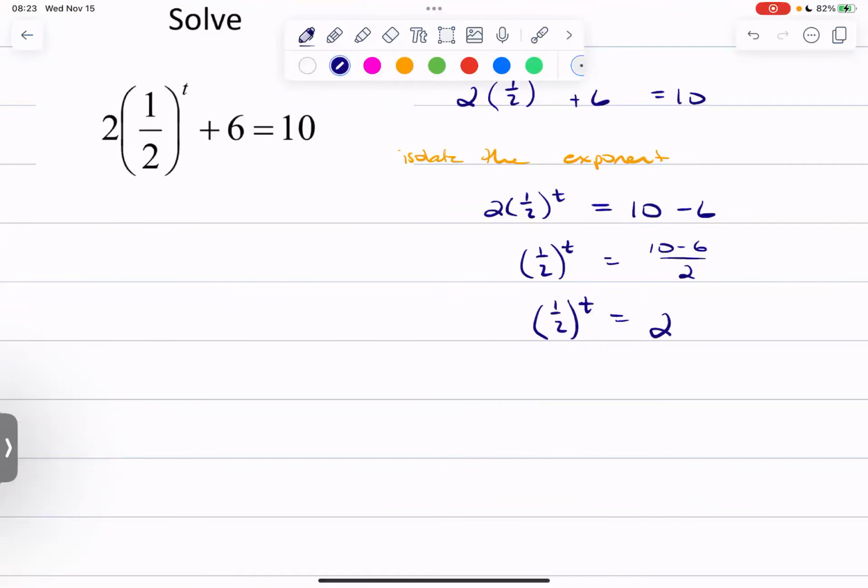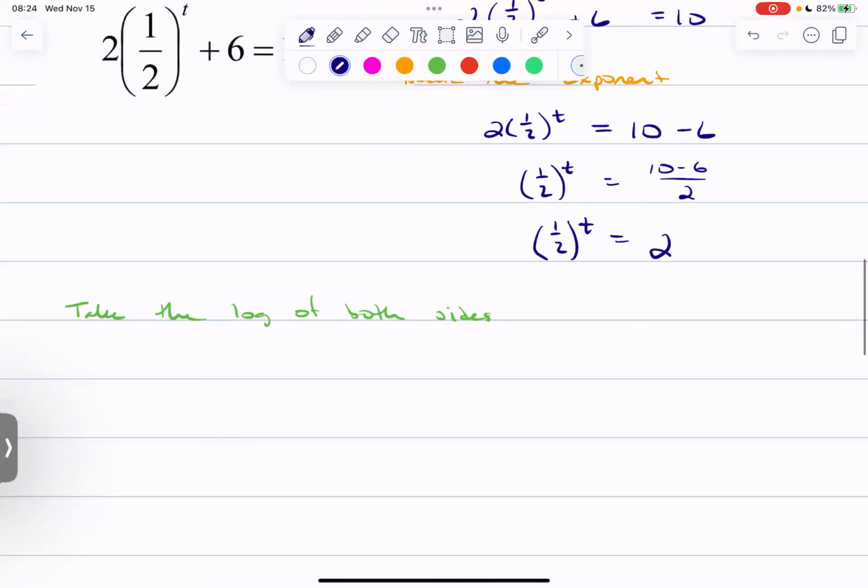how about now we're going to take the log of both sides. Let's use, I never use the common log, so let's do that. The log of 1/2 to the t is the log of 2. What you do to one side, you have to do to the other side.